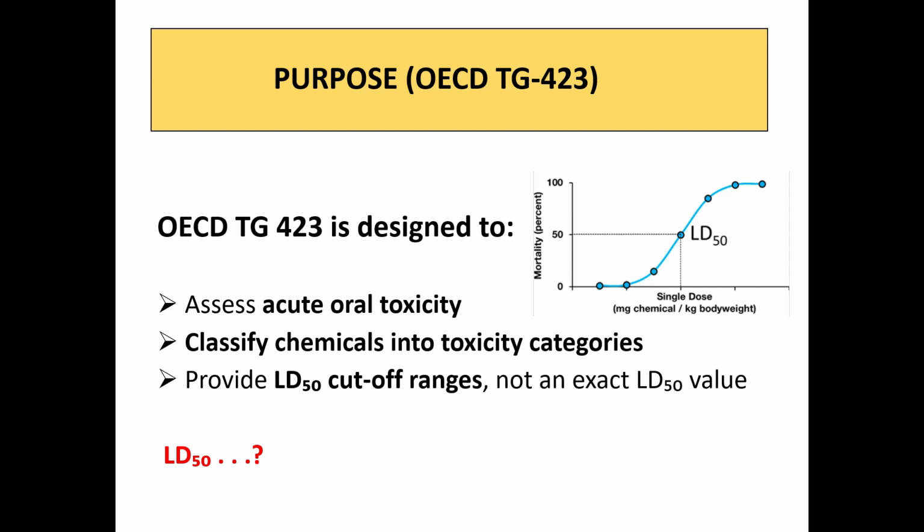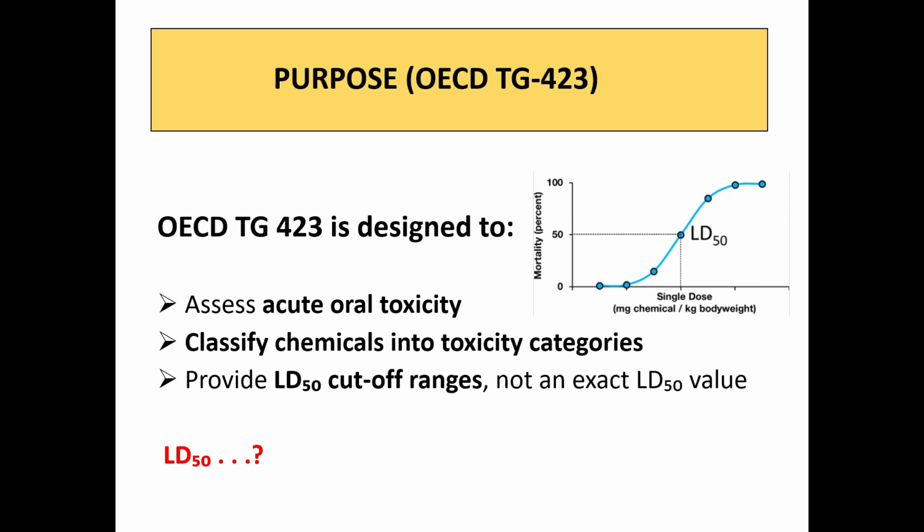It classifies chemicals into toxic categories that I already showed in the previous slide. It provides an LD50 cutoff range, not the exact LD50 value. I told you that we are not calculating LD50, lethal dose 50, in this method.